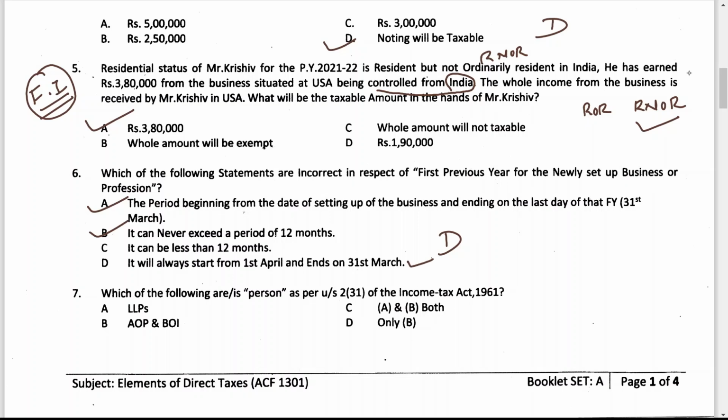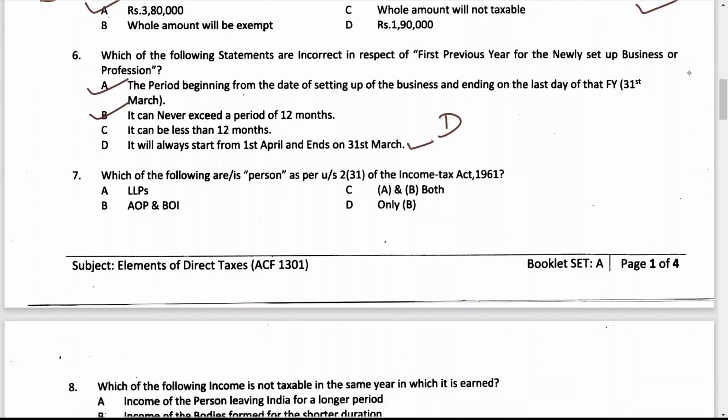Now next one: which of the following are or is a person as per section 2 subsection 31 of the Income Tax Act 1961? So LLP is also a person, because it is one type of partnership form. AOP and BOI are also persons, included in the definition of person. LLP is not directly given in the meaning of person, but a firm is given.